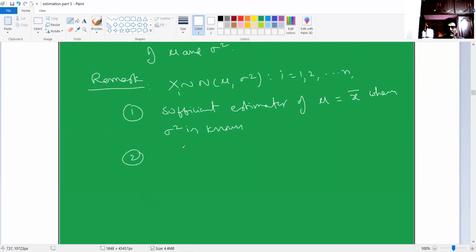Second one, the sufficient estimator of sigma square is equal to 1 by n summation i equals 1 to n of (xi minus mu) whole square.